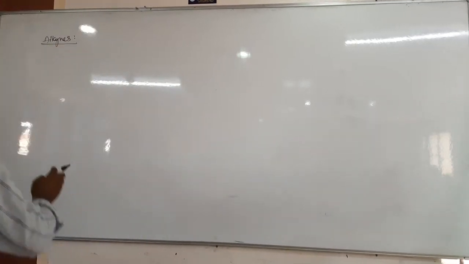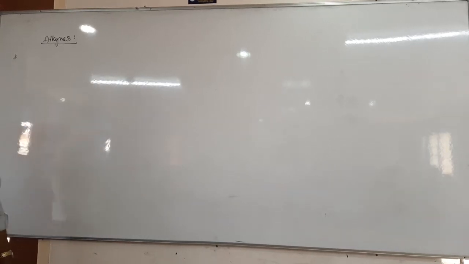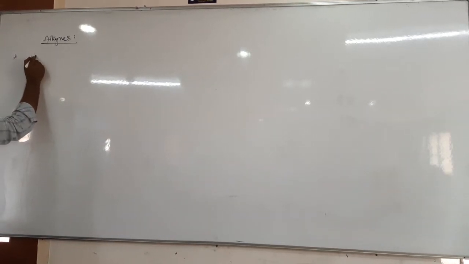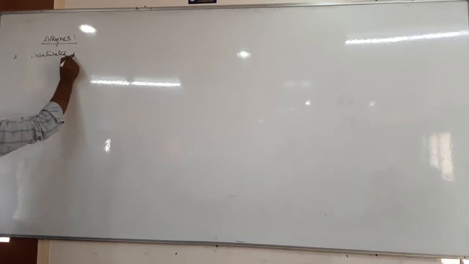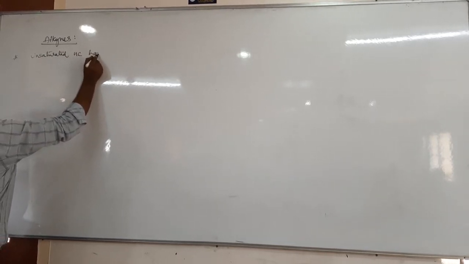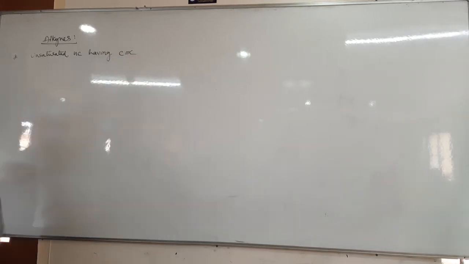Tell me, so what are alkynes? What is the definition of alkyne? Unsaturated hydrocarbons having a carbon-carbon triple bond, right? So unsaturated hydrocarbons having carbon-carbon C triple bond C are called alkynes.